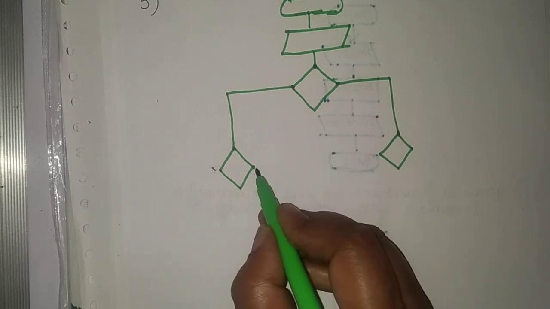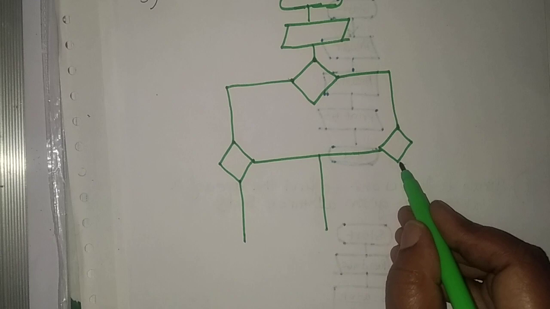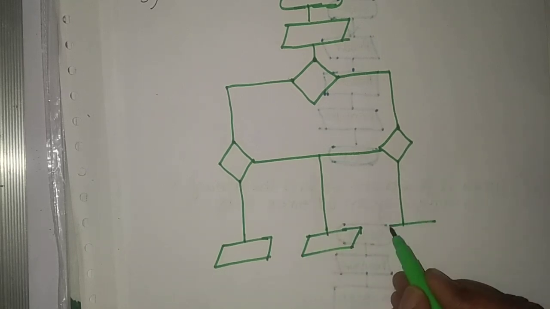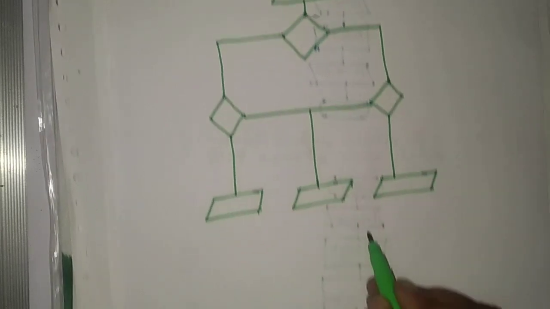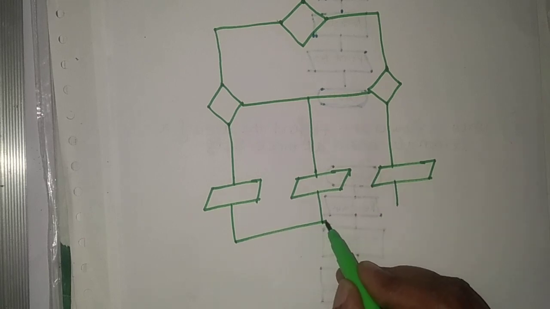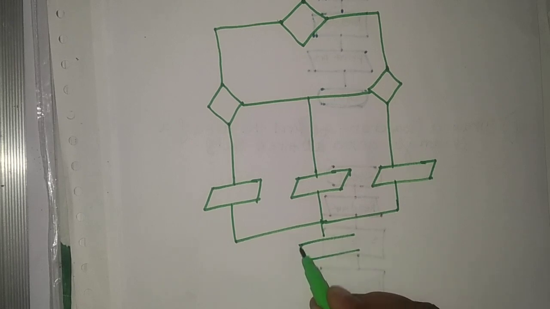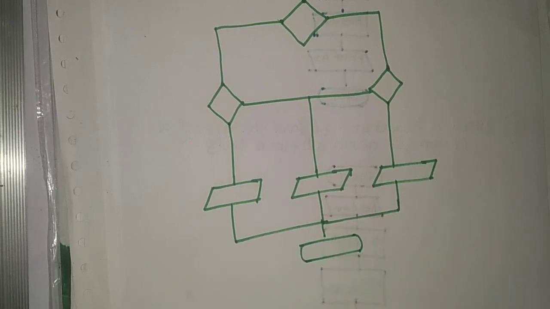Two decision statements and they should connect here. Next, all should come in the same line. So here three print statements, because we are finding the largest of three numbers. So last step, connect all together and a stop statement. So this is the flowchart.